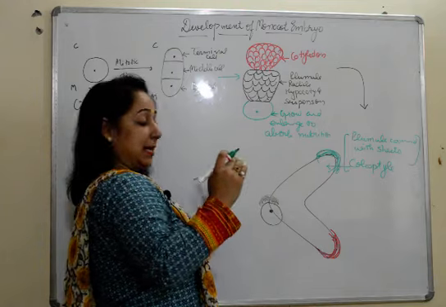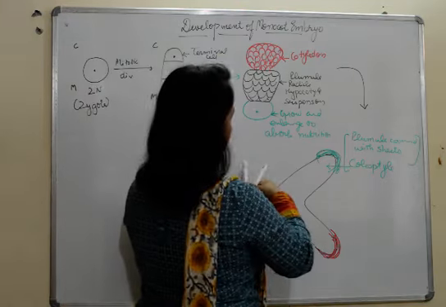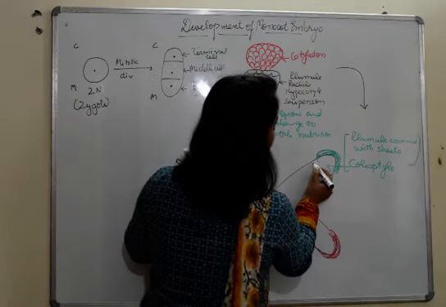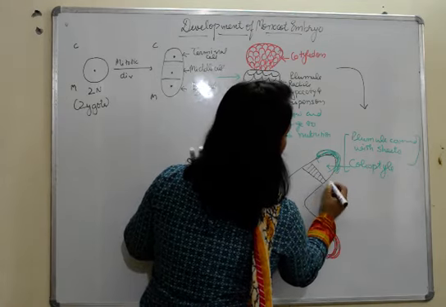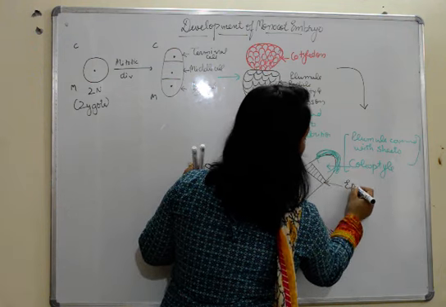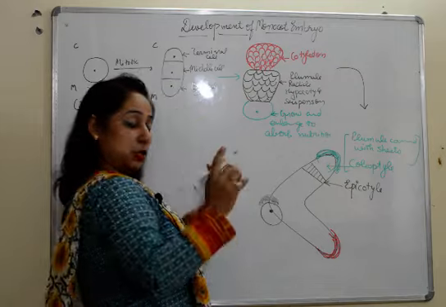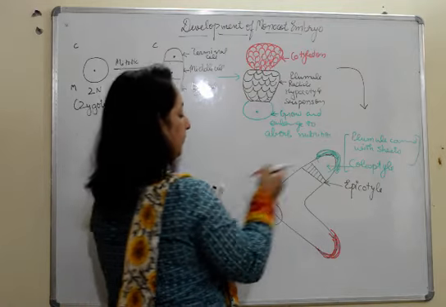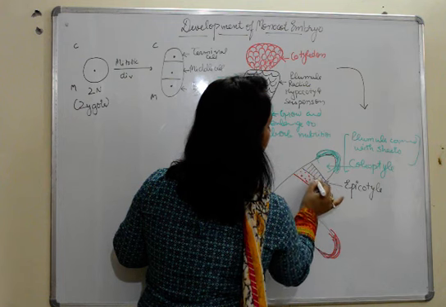After the coleoptile we have the next part that is known as the epicotyl. This is the epicotyl. After the epicotyl we have the cotyledonary node.